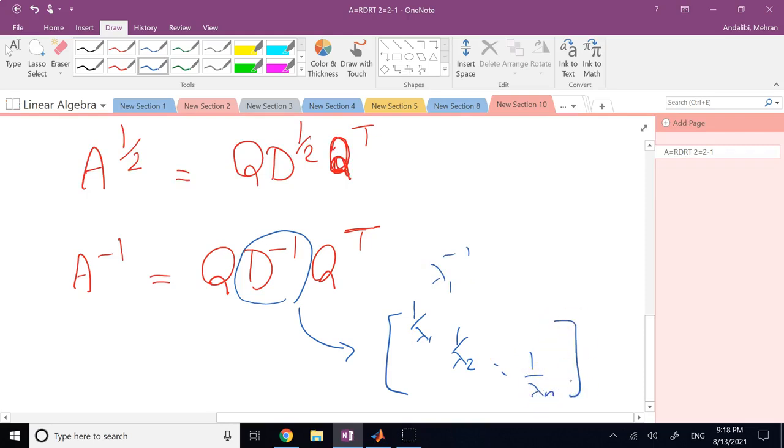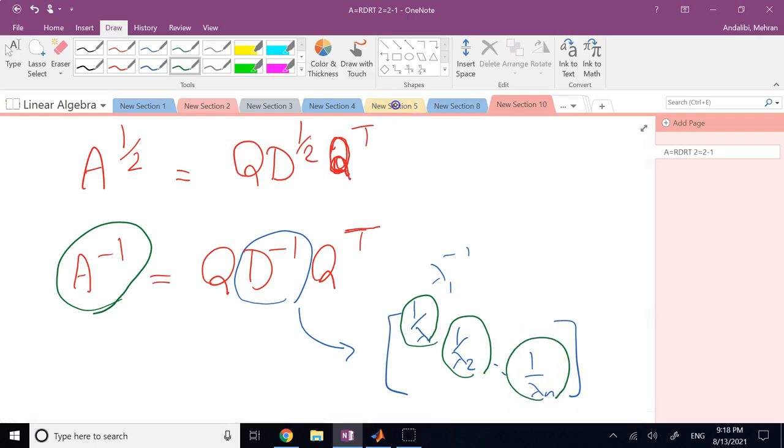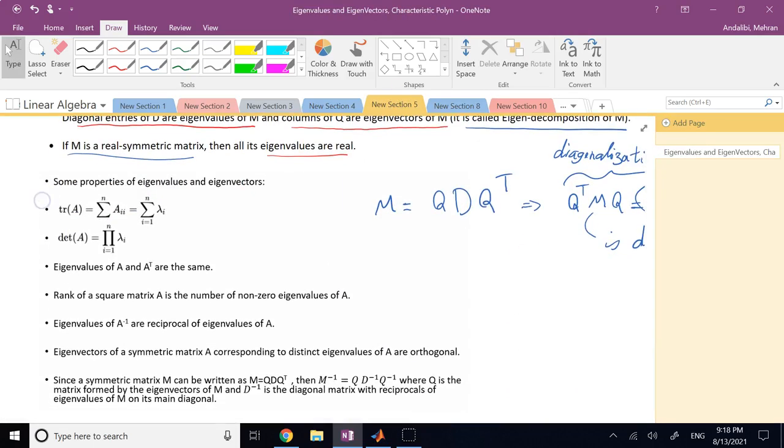So what does this tell you? This tells you something really nice. It tells you the eigenvalues of A inverse are the reciprocals of eigenvalues of A. And that's this theorem that you see here, that the eigenvalues of A inverse are the reciprocals of eigenvalues of A.